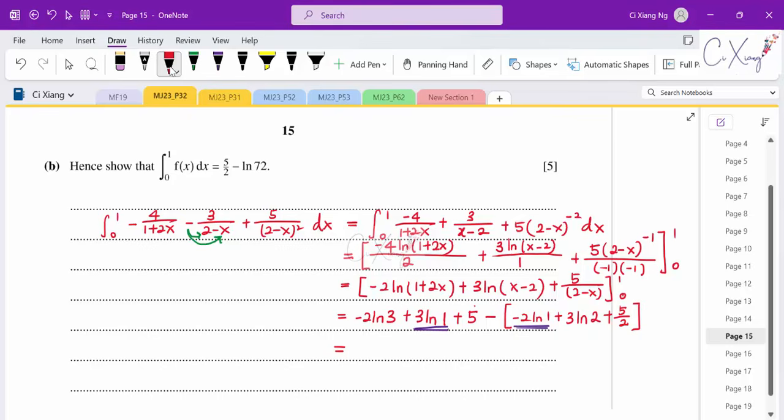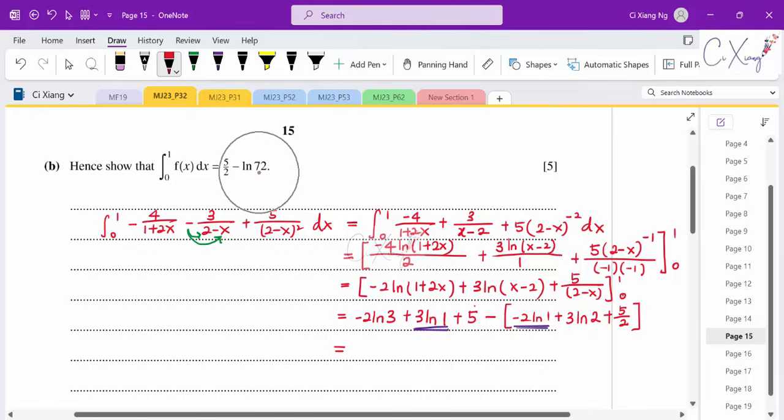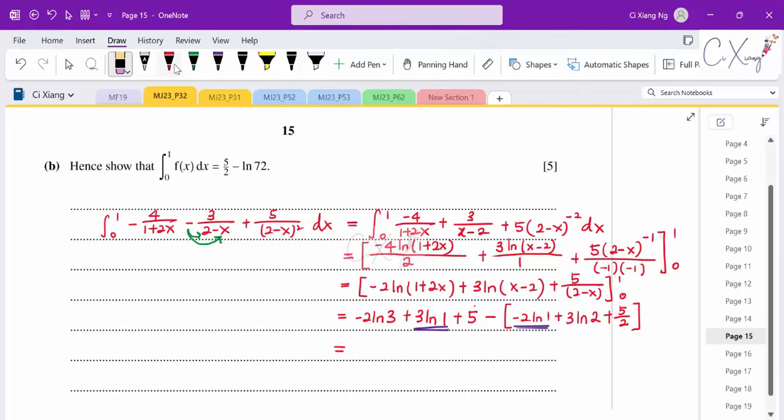Then if you observe the final answer provided in the question, you can see that in front of the ln there's no number, right? It is not something like 3 ln 72 or 3 ln 2. So to make sure that there's no number in front of the ln, I will move my number backward so that it becomes a power.